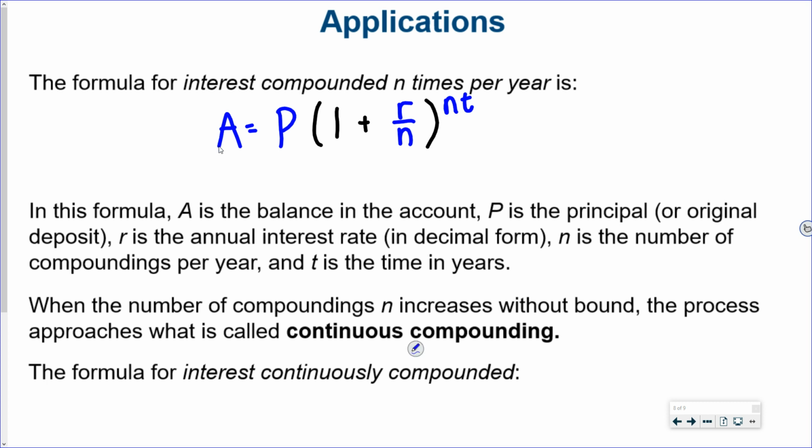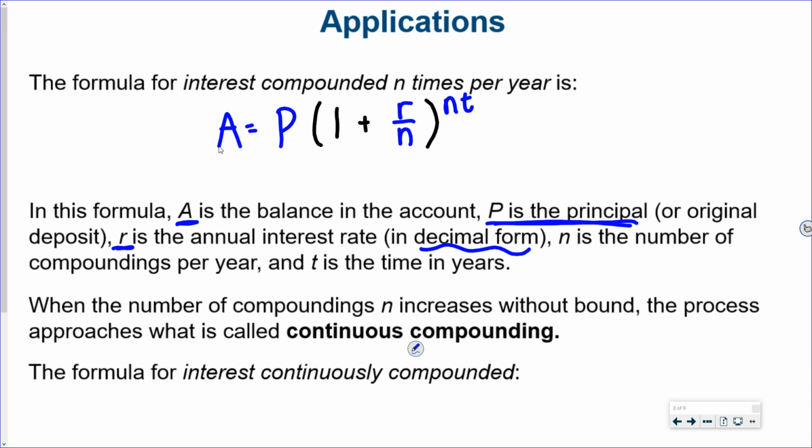A is the balance that you're going to have, or your amount in the account. So it factors in how much you have in your account, like that $500 check from grandma, and it factors in r, whatever the interest rate is. Normally the rate's given to you as a percent, and in order for this formula to work, it has to be in decimal form. So instead of plugging in 4%, it'd be 0.04. We'll practice some.